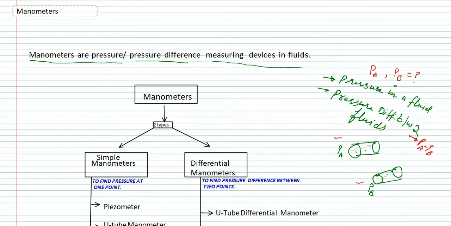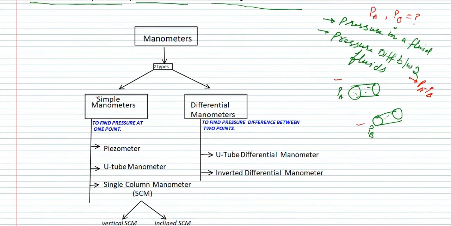Now manometers are of two types. One type is simple manometers and the second type is differential manometers. The first one, simple manometers, are used to find the pressure at one point, like PA here or PB.